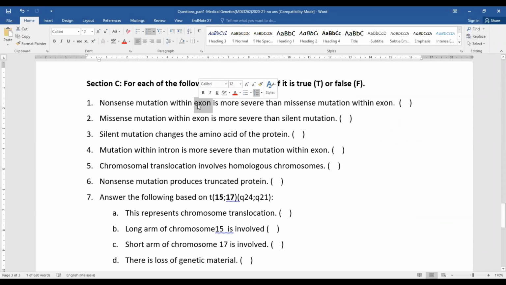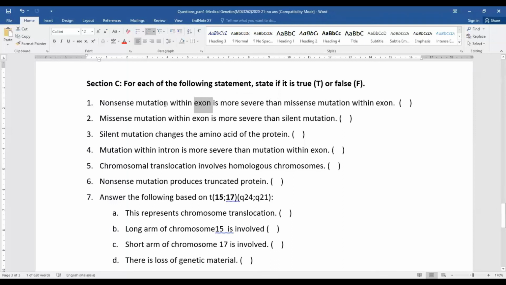Exons are those that contain protein coding sequence. Introns are those that do not contain protein coding sequence. So exons are more important than introns when it comes to mutation. So mutation within exon can be dangerous, whereas mutation within introns is not that problematic.